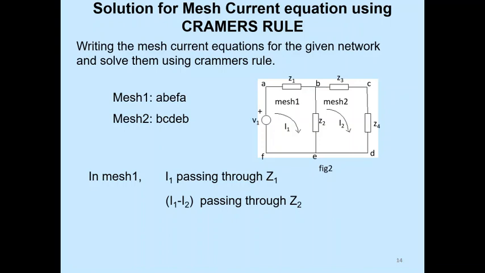So in mesh 1, current I1 is passing through Z1, and I1 minus I2 is passing through Z2. See here, in Z1 the current is I1, but in Z2 both the currents are passing in opposite directions, so the current flowing in Z2 is I1 minus I2.